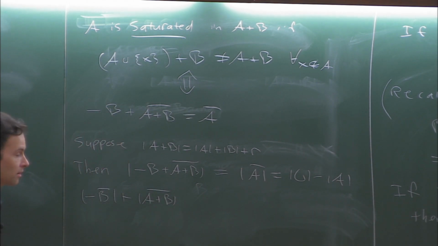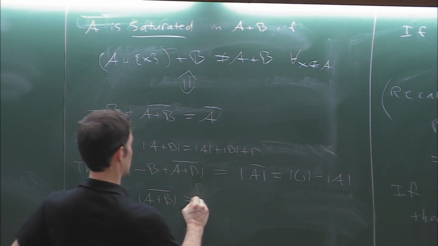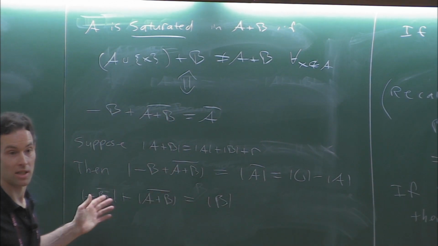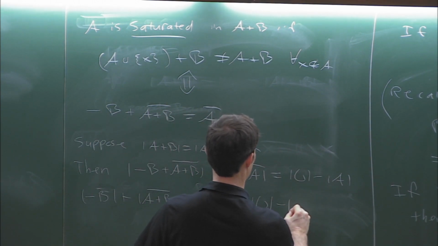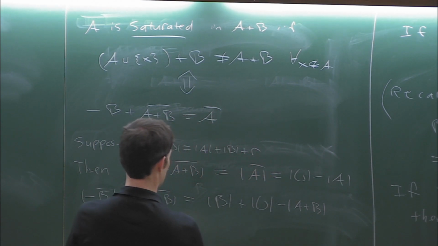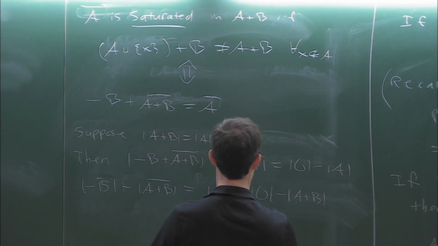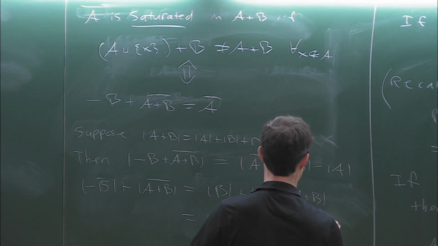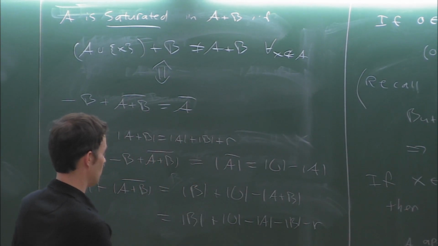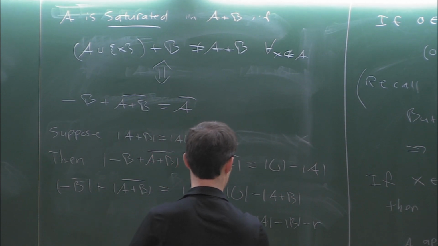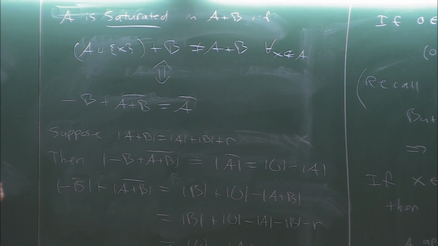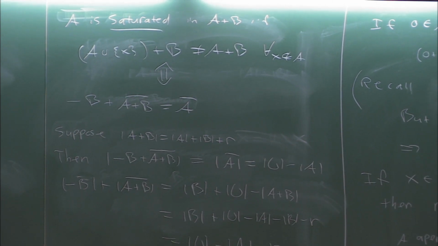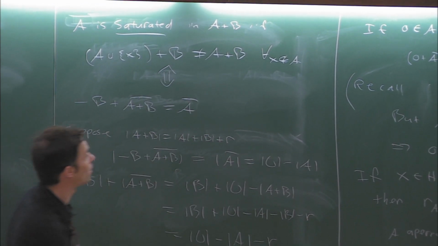Sorry, negative B. Doesn't matter if we just change the signs, it has the same cardinality as B does. Plus G minus A plus B. So that looks like B plus G minus A minus B minus R, which is G minus A minus R.